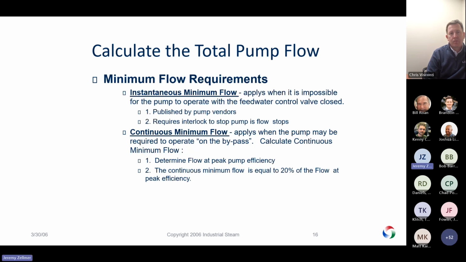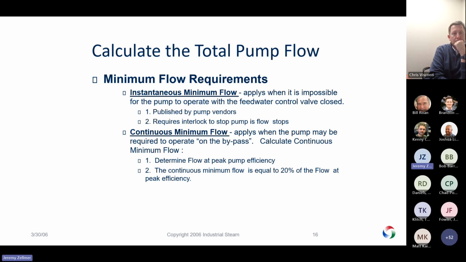Minimum flow requirements apply when it is impossible for the pump to operate with the feed water valve control closed or below what it needs to be. So as you can see, most of the time on smaller applications, we're always going to have continuous flow figured on the pumps, with a minimum orifice line in there so that no matter what, it's always flowing back to the tank.